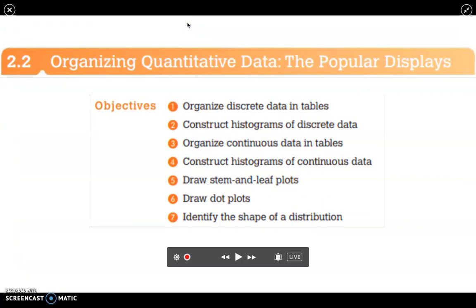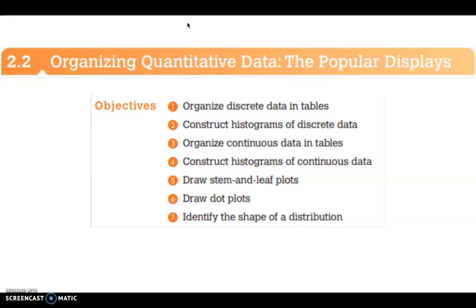Okay, this is section 2.2, looking at organizing quantitative data, and we're going to look at some of the most popular displays. So you can see all of our objectives there, but the big idea is we're going to be organizing discrete data into tables and creating what's called a histogram.